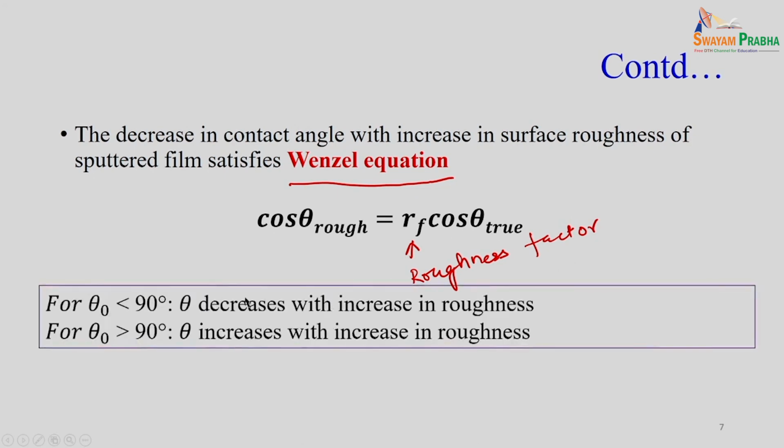So, if theta is less than 90 degree, the contact angle decreases with increase in the surface roughness. That is what we observed in the last slide, that Ra was increasing and at the same time the contact angle theta was decreasing with increase in Ra. So, it agrees to the Wenzel equation.